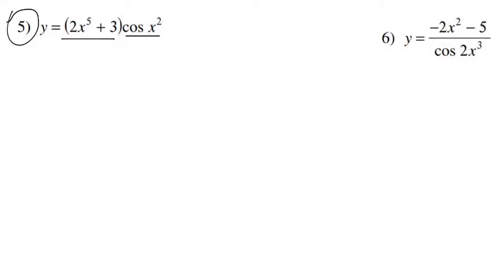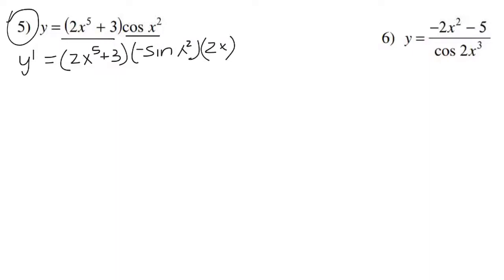So let's check. Y prime equals first, 2x to the 5th plus 3, times derivative of the second, derivative of cosine, negative sine x squared, right? Times, what's the derivative of x squared? 2x.